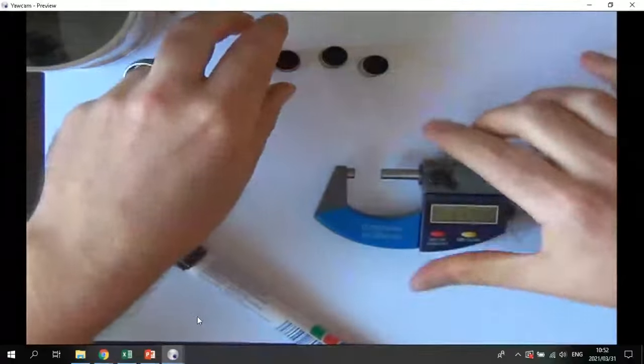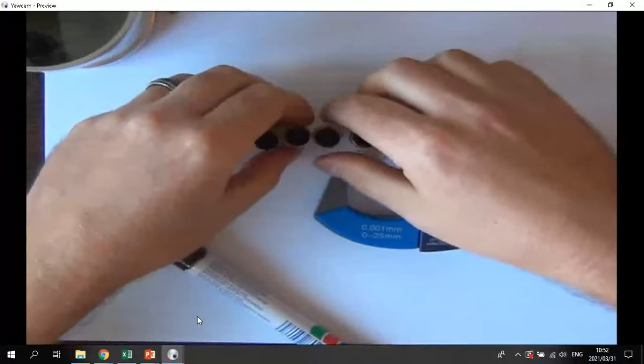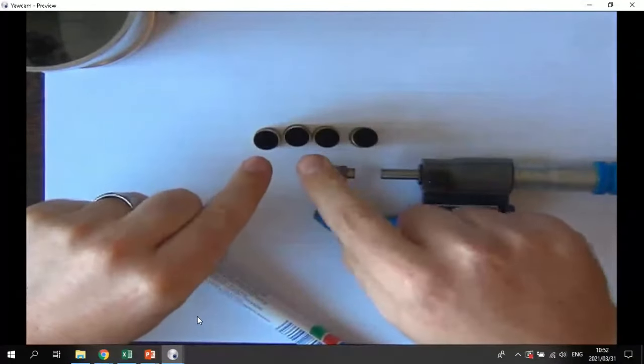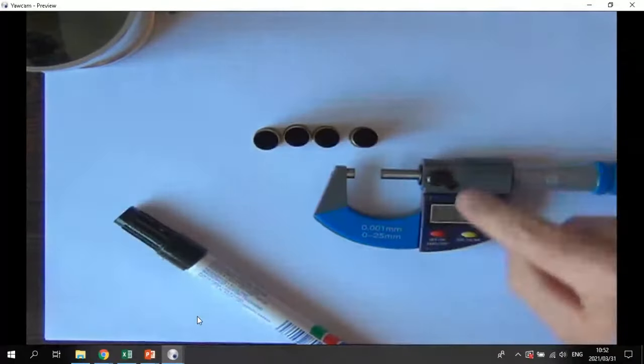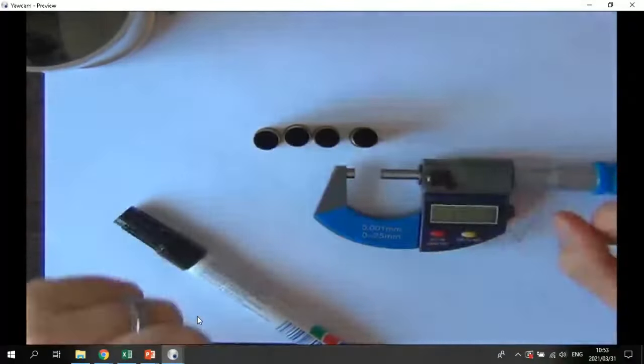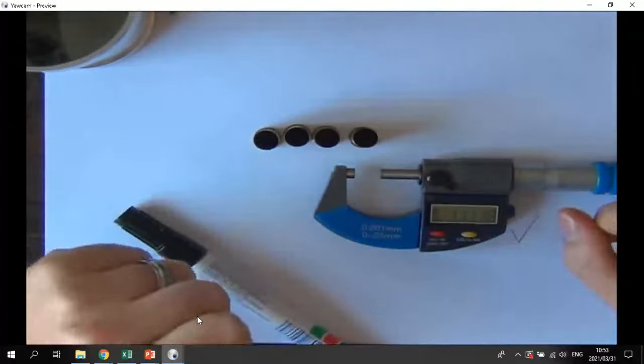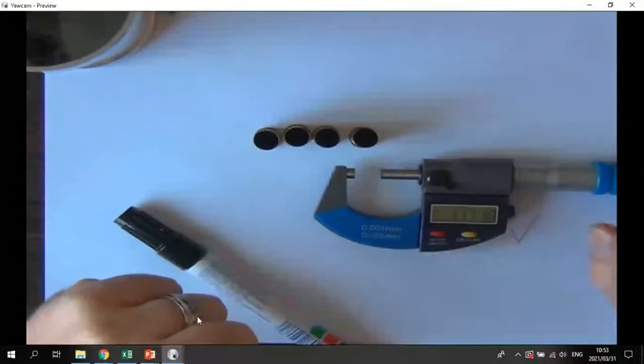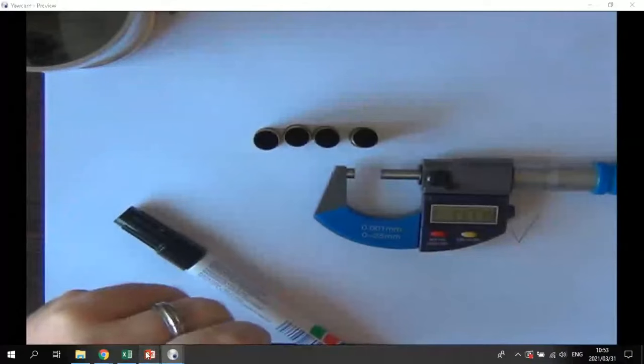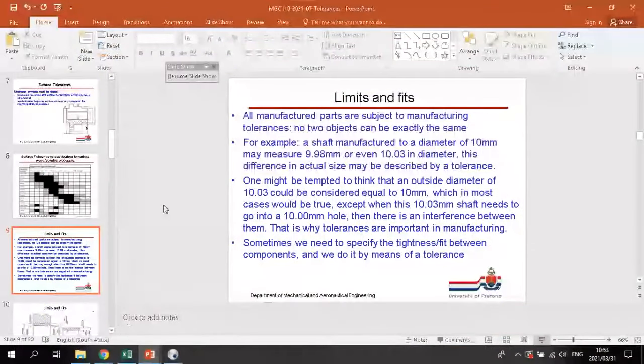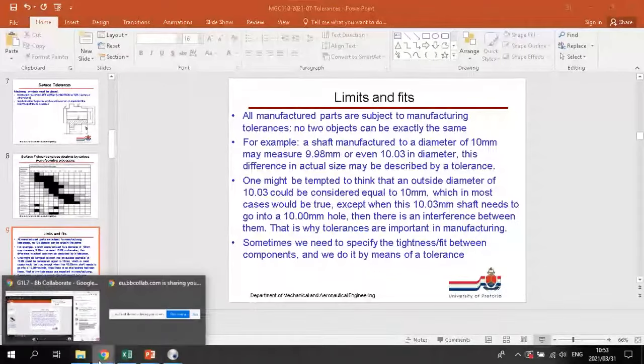So you can now see I have these 4 little pipes, and they were actually sized by a very specific sizing process to try and get them exactly the same diameter. And in these 4 examples, not one of them read the same values as the others. And that is where the tolerances are important. So for this pipe, I can actually specify what would be acceptable values for this pipe to be able to function in the application where I want to use it.